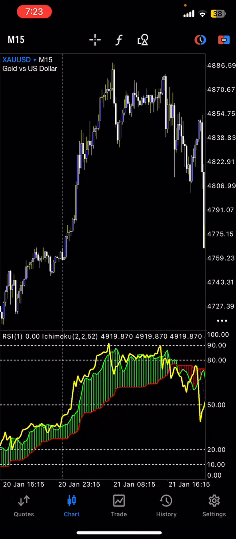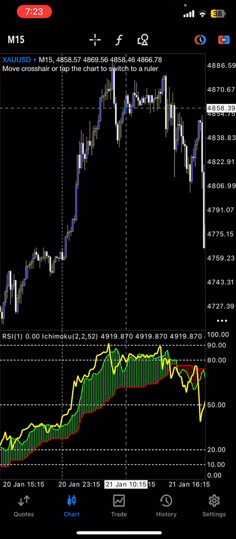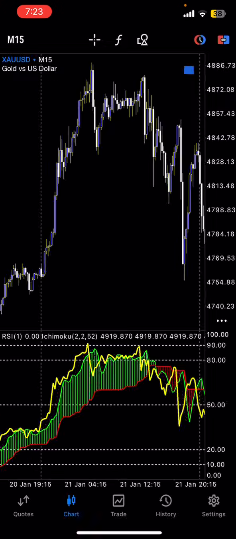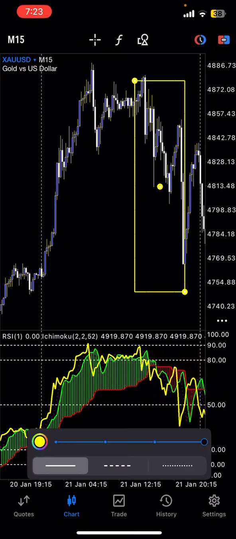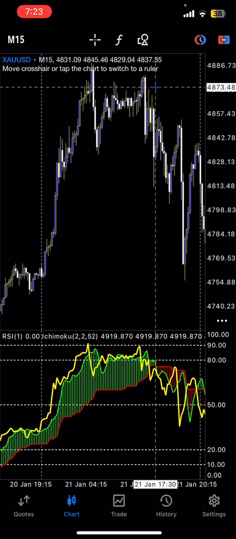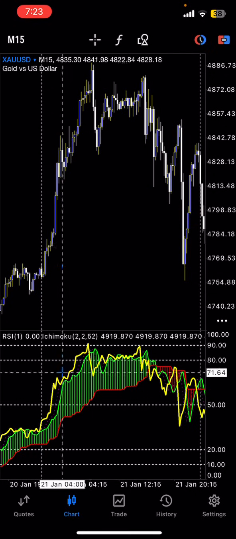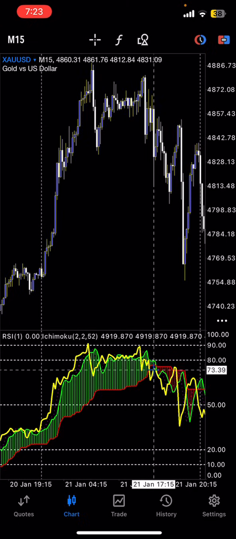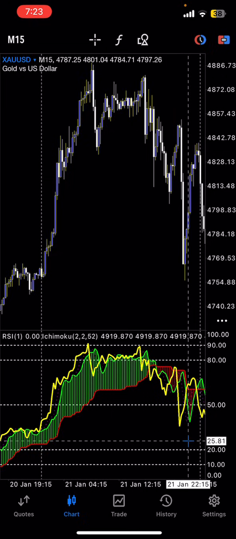Okay, so now you can see my price is at the overbought area, and then here we have confirmation, and then what would we do? We sell. Once we sell, price goes all the way down. You can see price was in a bullish trend, and then here it breaks, and then goes back up, retests, and then we sell again.